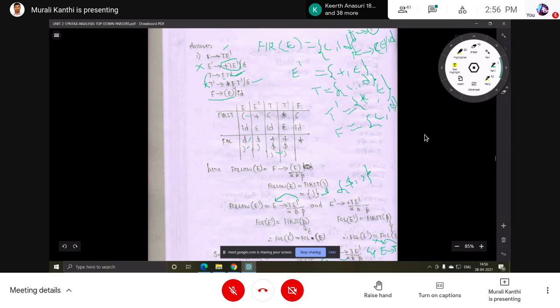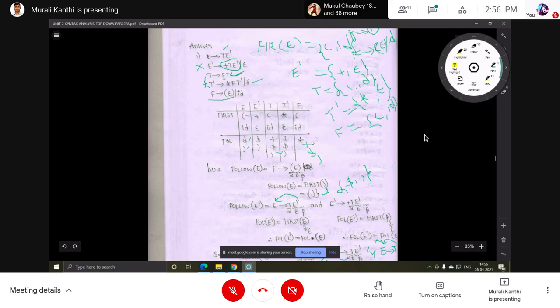Then next from this also, what will we get? Star only. Okay, after substitution, from the third production, what will we get? After F, nothing is there. Then nothing is there means what? Follows of T. Those symbols will be follows for F. Follows of T, what? Plus dollar closing parenthesis. So this is wrong. Plus star plus dollar closing parenthesis.